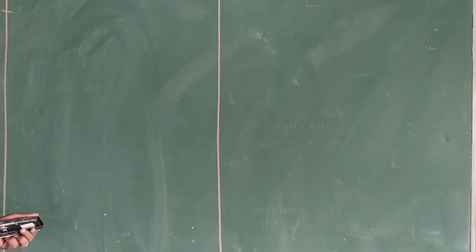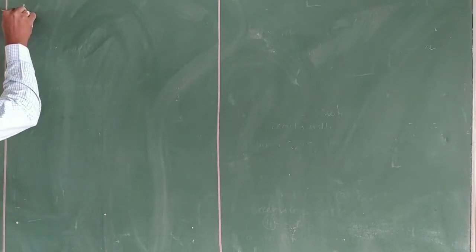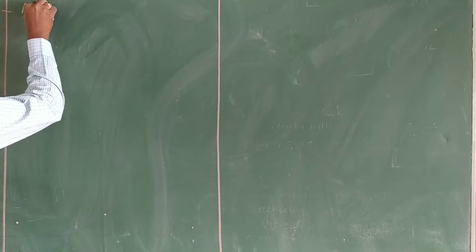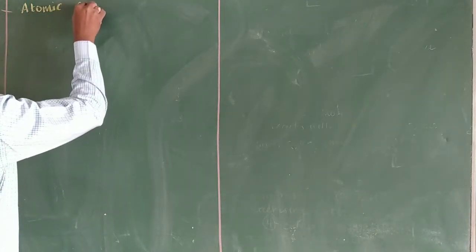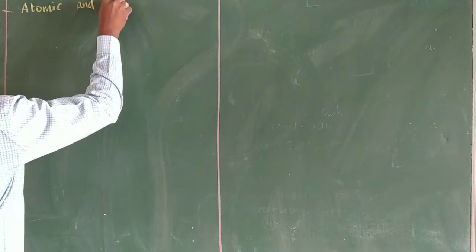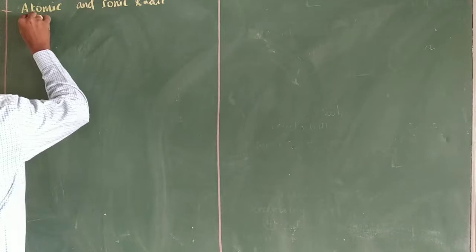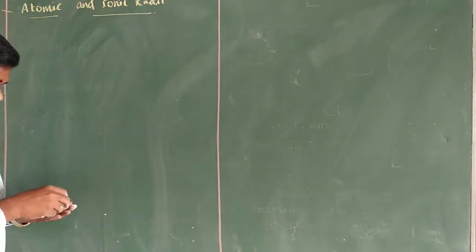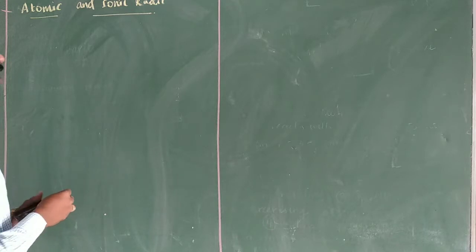Okay, students. The next general characteristic of alkaline earth metals is atomic and ionic radii. Already you know the definition of atomic and ionic radii.